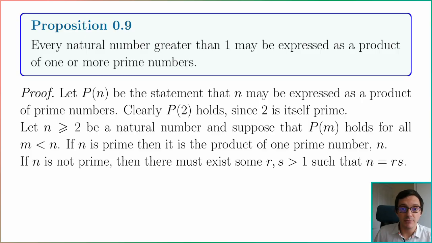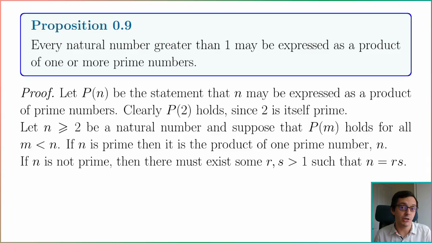So now I've factorised my number. Of course, I don't know very much about those factors, r and s. They might be prime, they might not be. If they're prime, then I'm done because I've written n as a product of prime numbers, but there's no reason to think that they would be prime. I mean, numbers can have factors that are prime or not. But here's where we get to use the strong form of induction. We're assuming, by the hypothesis, that Pm was true for all m less than n, for all previous cases.